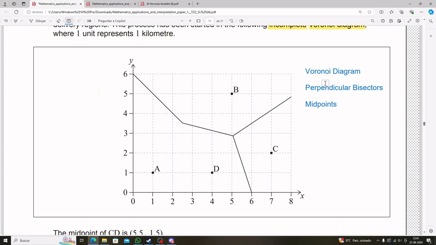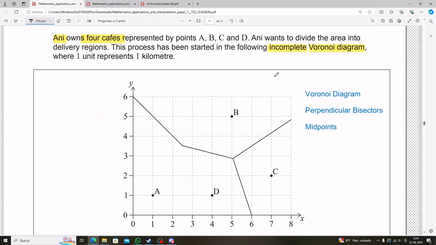So, a Voronoi diagram, the reason people use them is that it helps you split up areas evenly. I mean, more than areas, I think it helps you split up distances more evenly. That's a better sort of explanation, see?